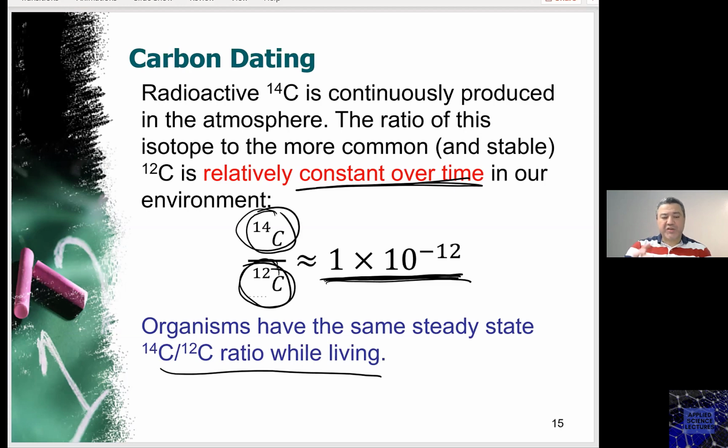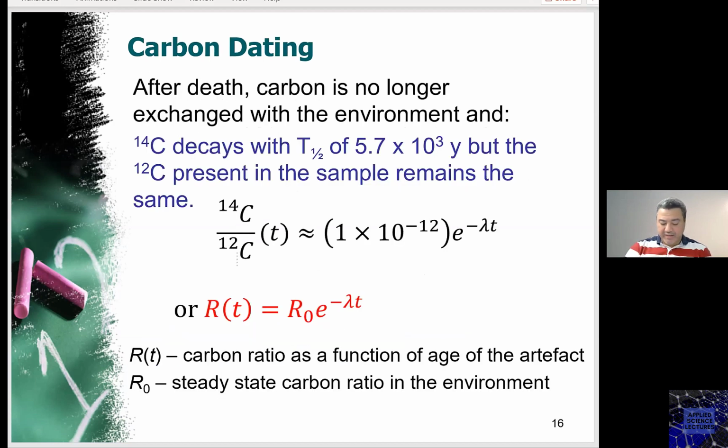From the changing ratio between the C14 and the C12, you can find out the date of the death of this creature. So the decaying is happening exponentially, and time equals 0 is the time of the death. Once you have a death, then the C14 starts to decay, and this ratio starts to decrease.